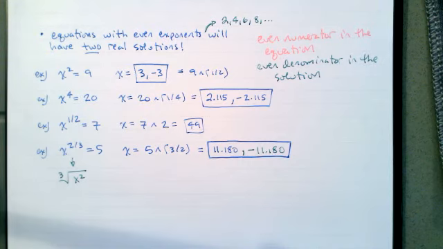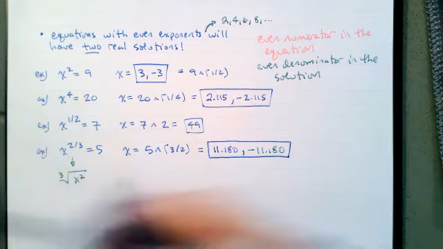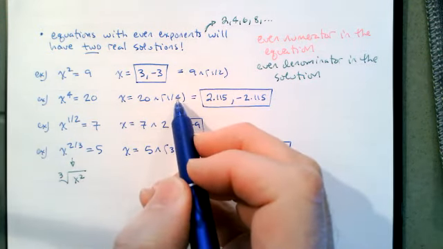One thing to note on the equations with even exponents business: if you know that there are going to be two real solutions, the two real solutions show up when the exponent with the even denominator shows up.